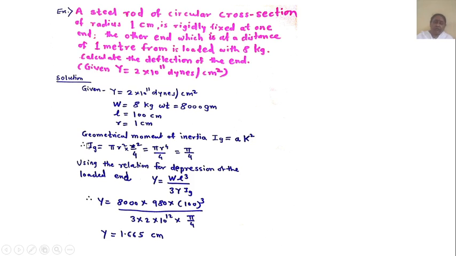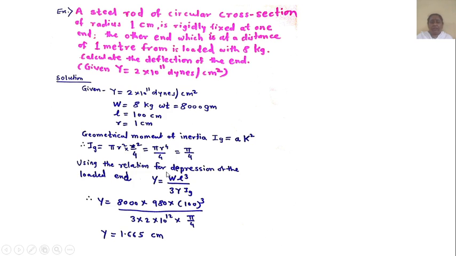So we know the geometrical moment of inertia Ig equals A into k square, where k is the radius of gyration. So Ig equals pi r square, that is the value of A, into k square, that is r square upon 4. So Ig equals pi into r raised to 4 upon 4, that is equal to pi upon 4.